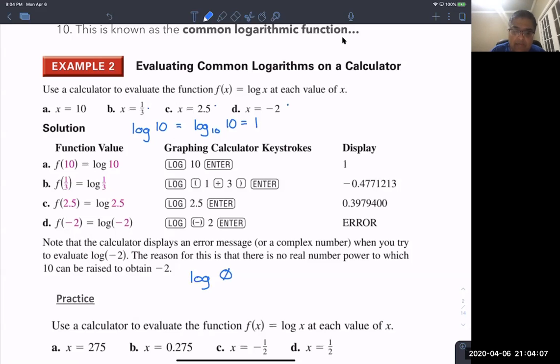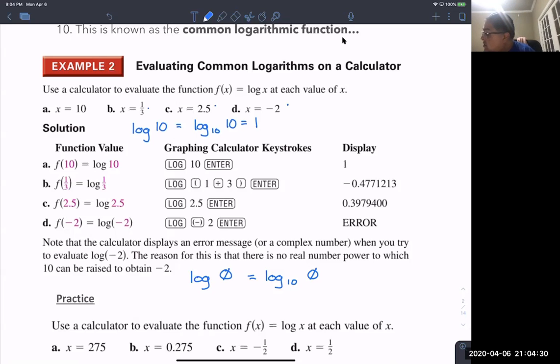Log of 0. Now remember, what does it mean? Log base 10 of 0. We talked about a property that said that we can't do 0, because there's no exponent that I can raise any base to to get 0.